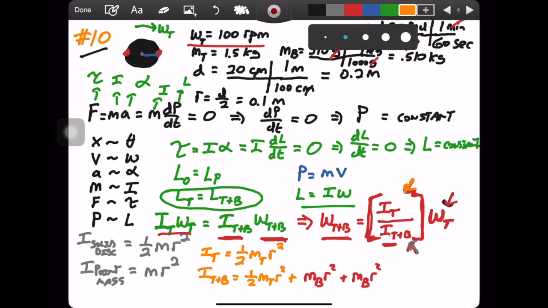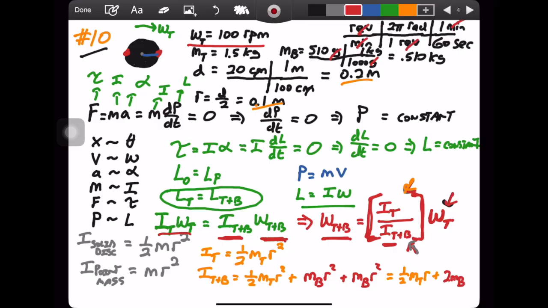Well, that's equal to 1/2 mass of the turntable, radius, and again, we were given the diameter of 0.2 meters, and so the radius is just simply half of that, which is 0.1 meters, plus 2 mass of the block, r squared.